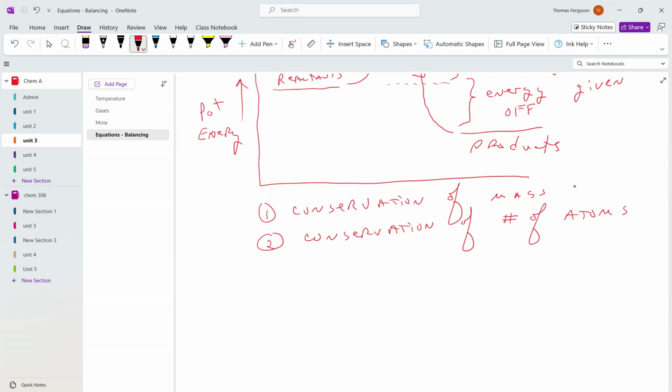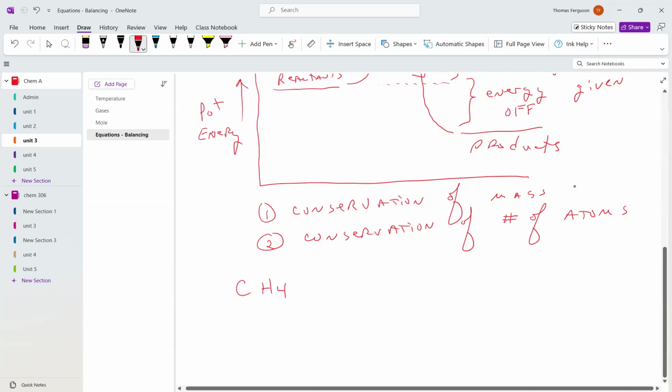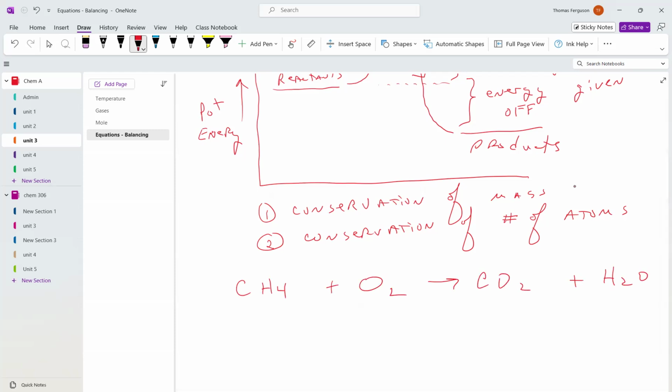Okay, so let's look at a chemical reaction. Let's take methane. I'm going to burn it in oxygen to create carbon dioxide and water. This is what you do at your Bunsen burner. Okay, conservation of mass. That is a general equation.